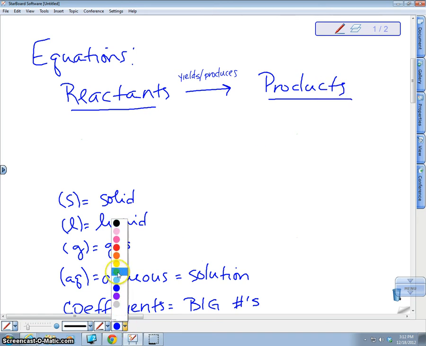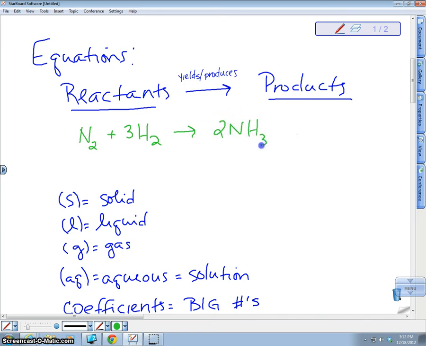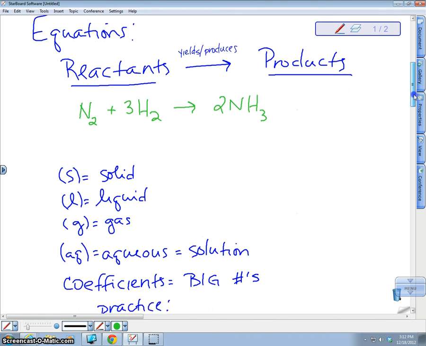Let's look at an example. You might have something like nitrogen reacting with hydrogen to form ammonia. Okay, so nitrogen and hydrogen are my reactants and ammonia is my product.